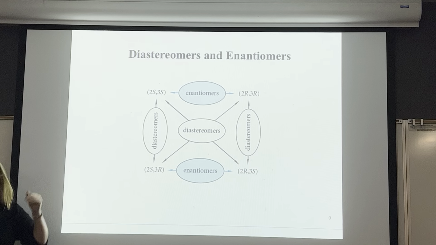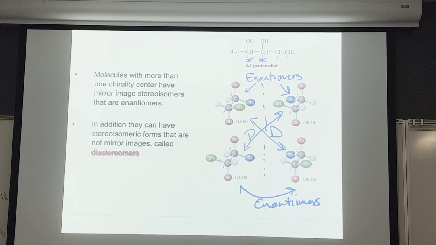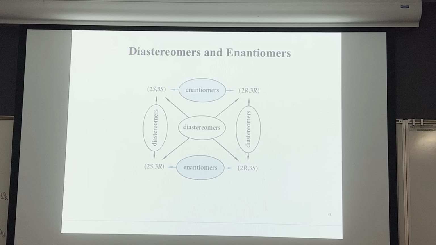So I guess I went crosswise, but I forgot to go up and down. So these ones and these ones are also what? The D one, right? Diastereomers, or diastereoisomers. Diastereomers, yes. Okay, questions for me, folks?